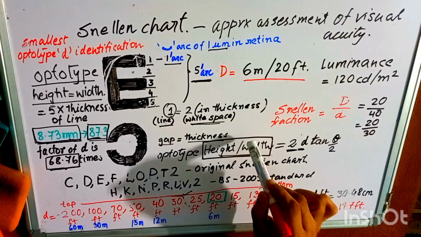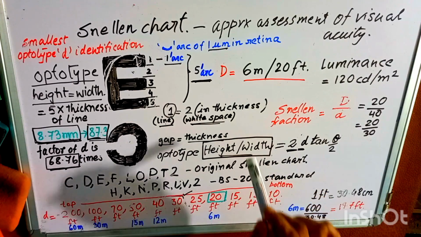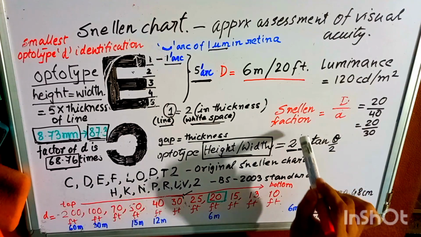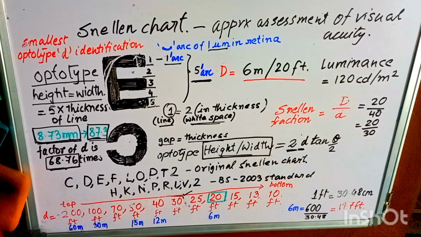The size of the optotype: if the size is, say, X, the distance has to be 68.76 times the size of the optotype.